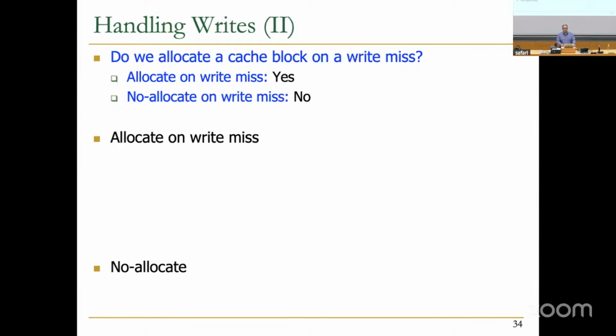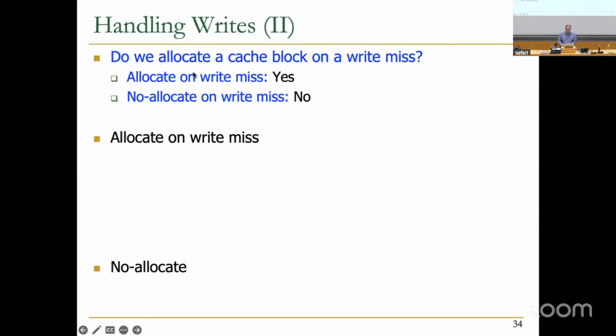Okay, another important question in handling writes is: do we allocate a cache block on a write miss? So you access, for example, L1 for a write, and you couldn't find your block in your L1, so you have a write miss. Do you allocate on write miss?